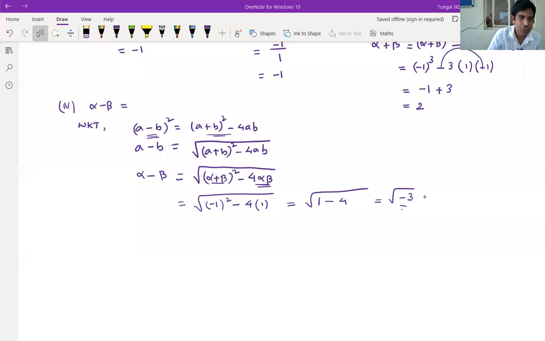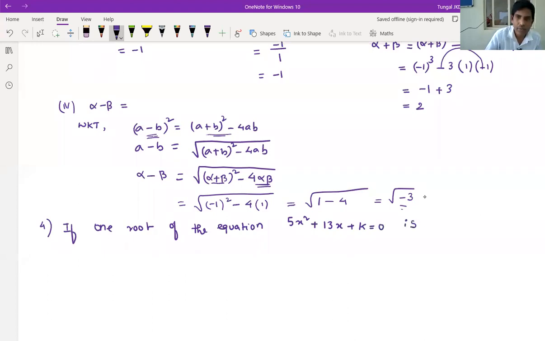Right. Next question. If one root of the equation 5x square plus 13x plus k is equal to 0 is the reciprocal of the other, then find k.